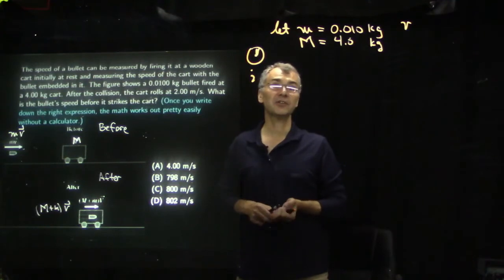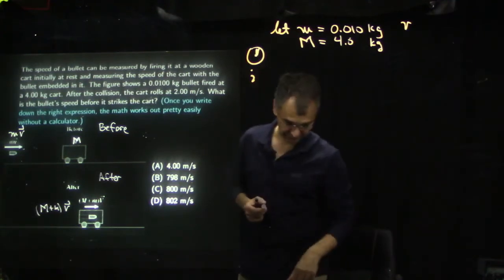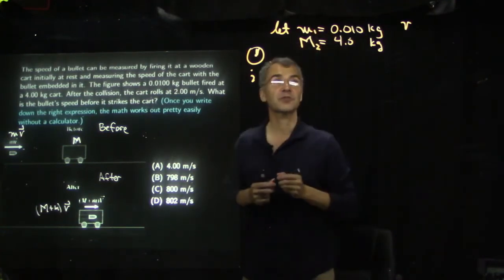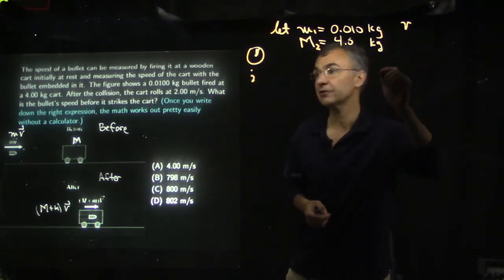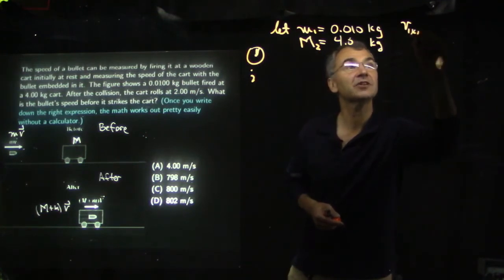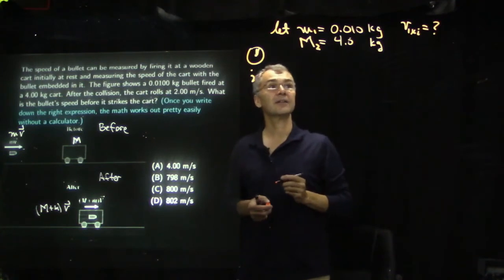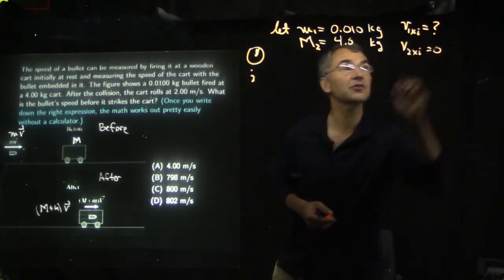in the notation used in Eric's book, which is not the same, we would call one of these objects 1 and one of them 2. I'll use 1 for the bullet and I'll use 2 for the cart, but I'll stick with the picture using a capital M here. So we have V1x initial is unknown, and we have V2x initial is 0.